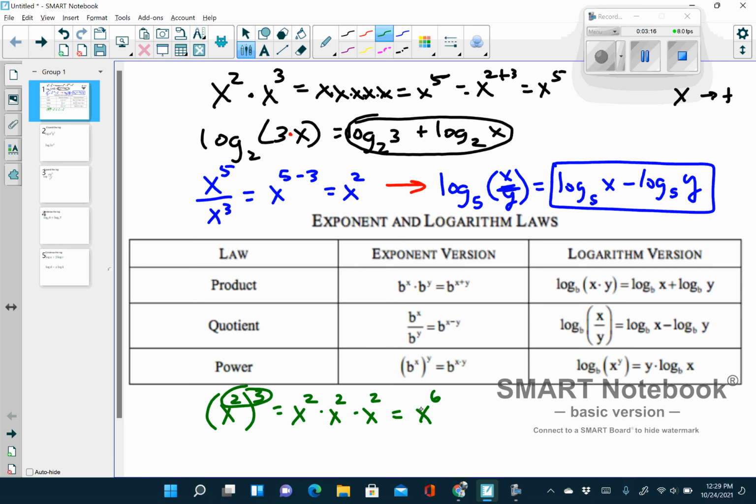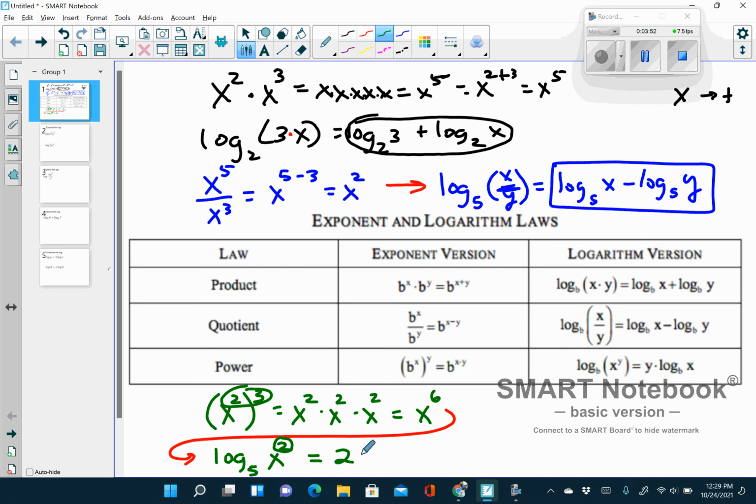How does that translate into logs? So to logs, I'm going to go ahead and kind of loop around over here. When it comes to logs, and again, I'll do this in green for our last rule, if you have log base 5 of x to the second power, all you do is the 2, the exponent, gets kicked to the front.